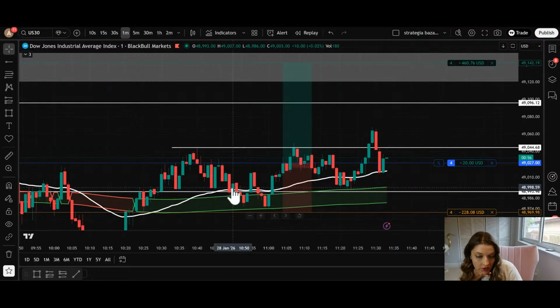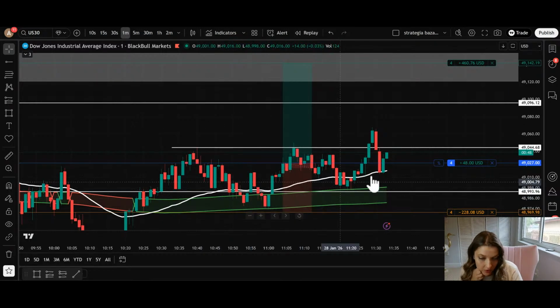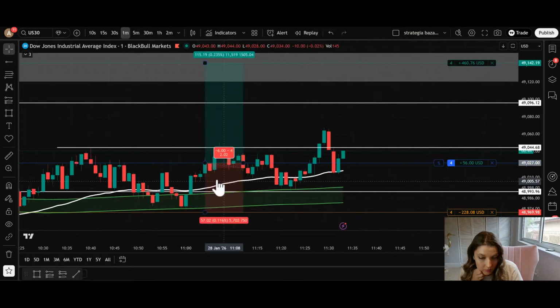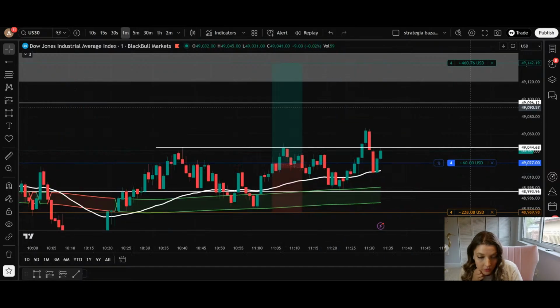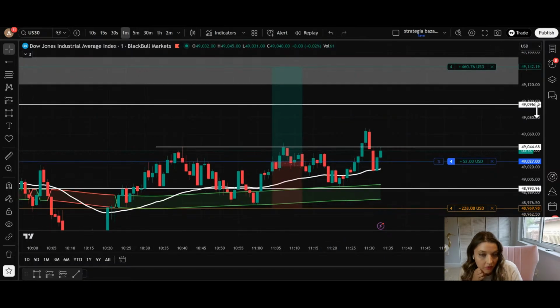I got in after I saw the W pattern formed here around the EMA and this channel. I'm working on a new strategy around these two indicators. So I put the stop loss below the channel, and I'm waiting for the take profit or stop loss at this point.